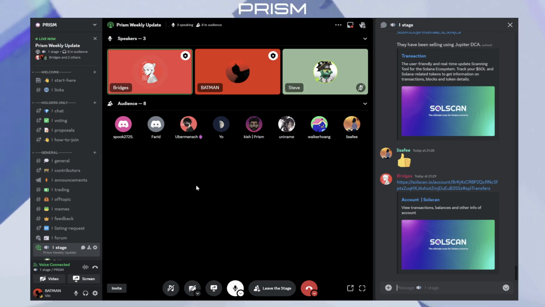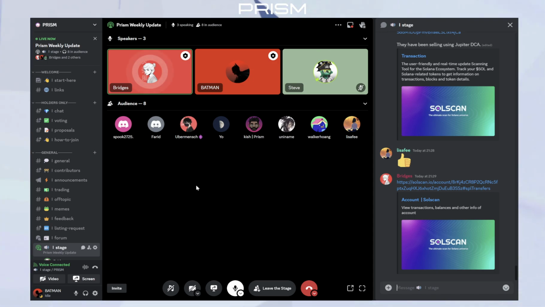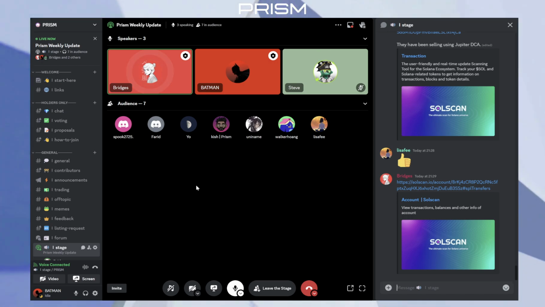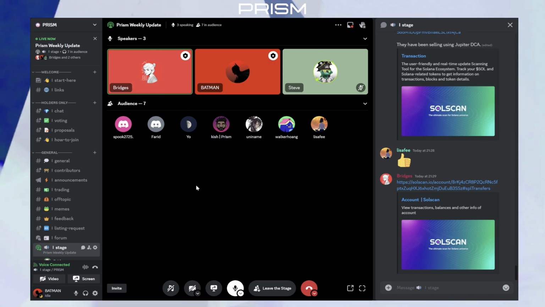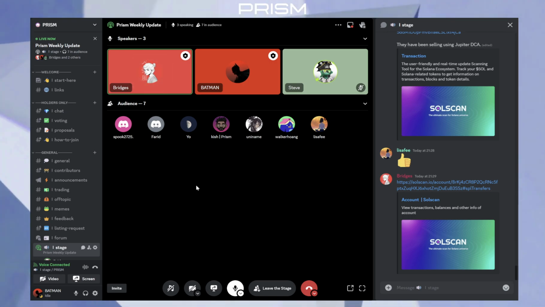So for example, on the swap, the one thing that I forgot to mention is when you try to buy or sell a specific token which is not in the verified list. So for example, let's say the Bitcoin puppets thing.